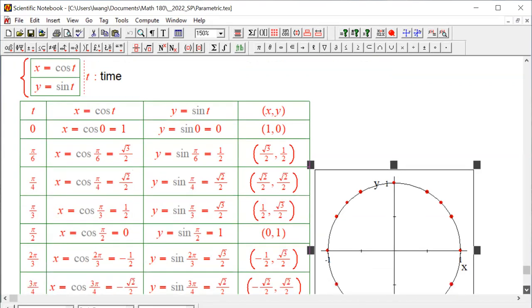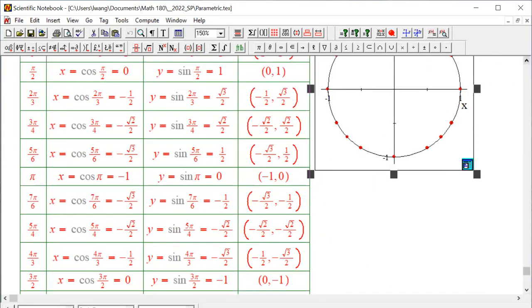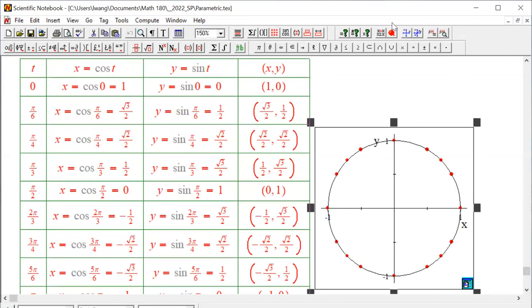We get the points on the circle, starting at 0 and going counterclockwise in this direction. And after 2 pi, it goes around to another circle.